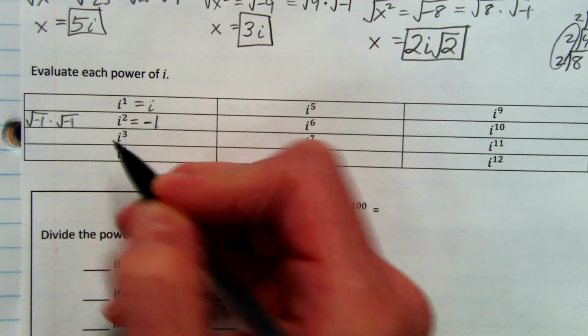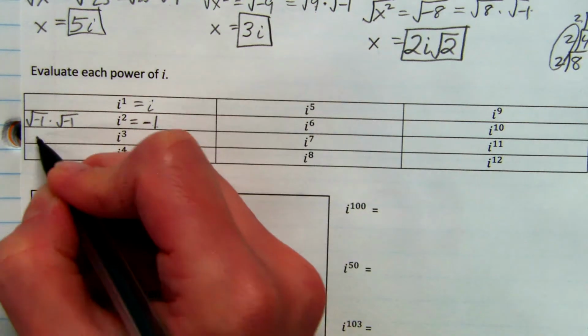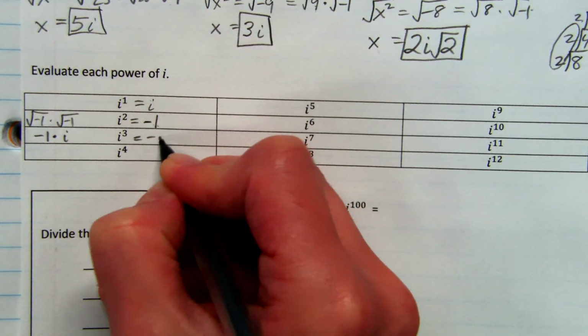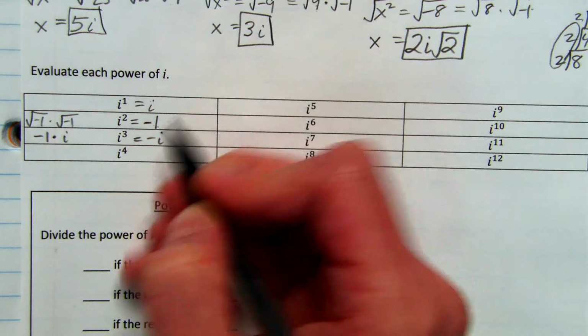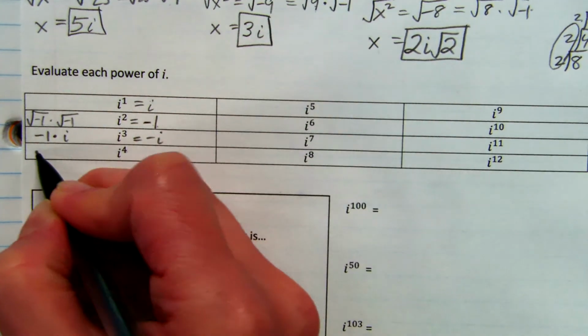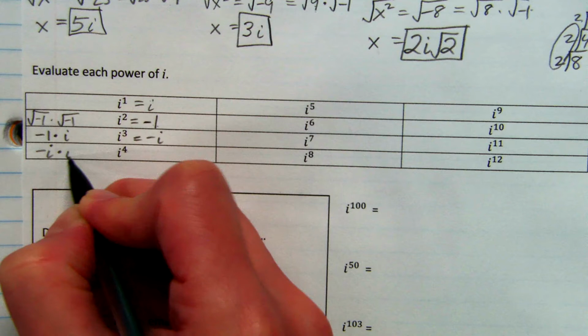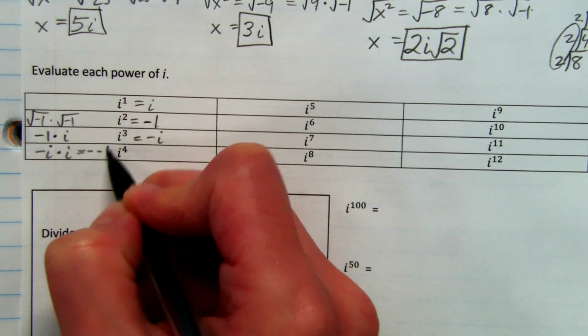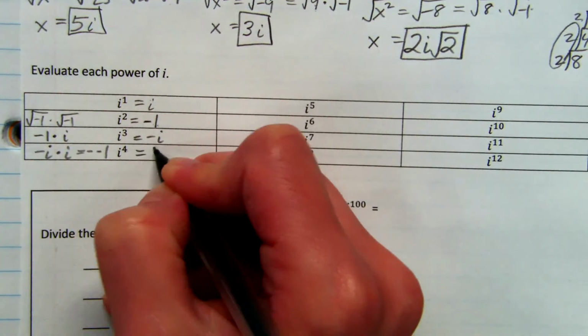And then if I multiply it by another i, essentially this is going to be -1 times i, and you get -i. And then to do the 4th power, I'd have -i times another i, which means I'm going to have -i squared, which is -(-1), which is 1.